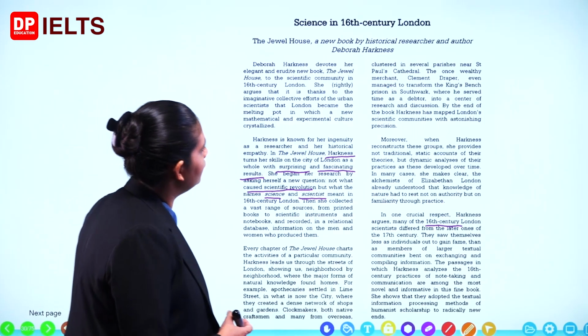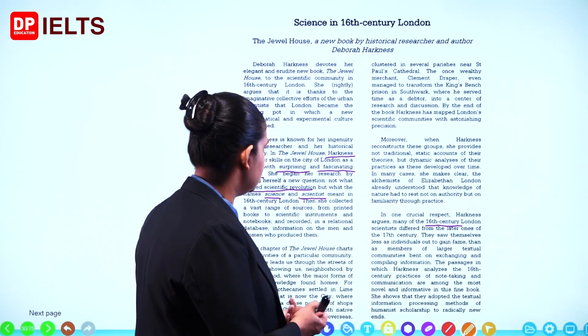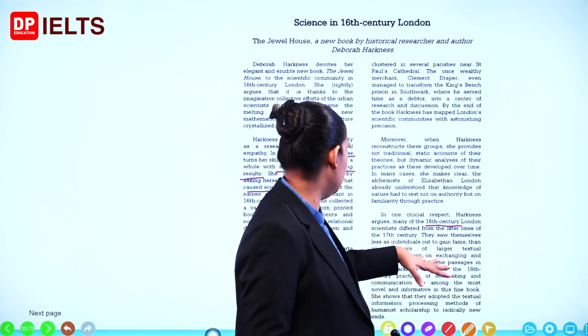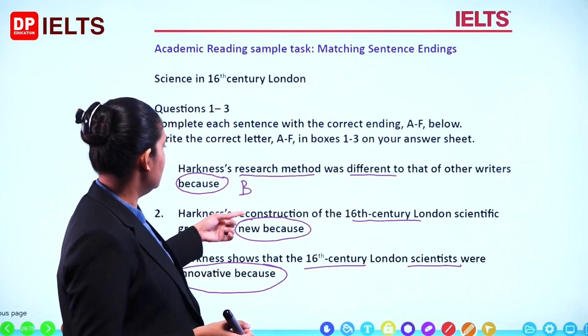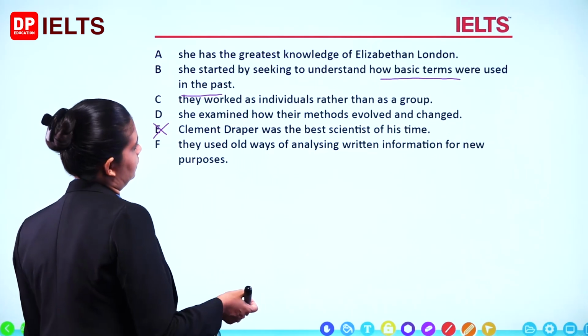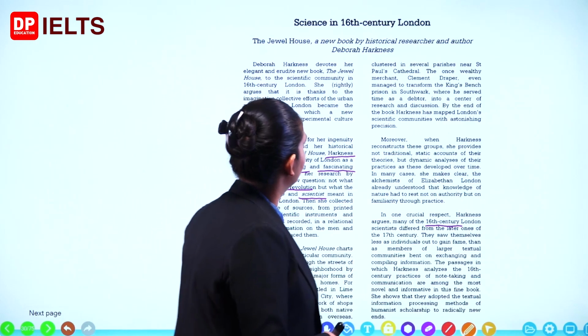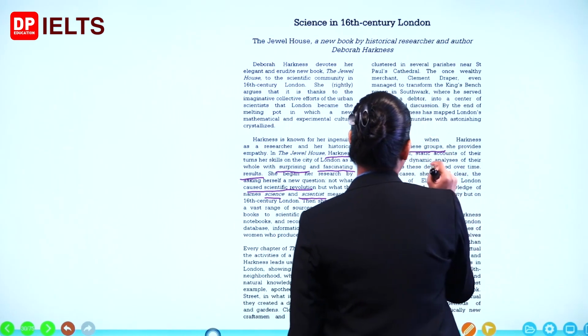So we have to look at new reconstruction of groups. So when we come down, we see 16th century, but we don't see our keywords. What are keywords? Reconstruction, London scientific groups. Aha, here it is. Constructs these groups.